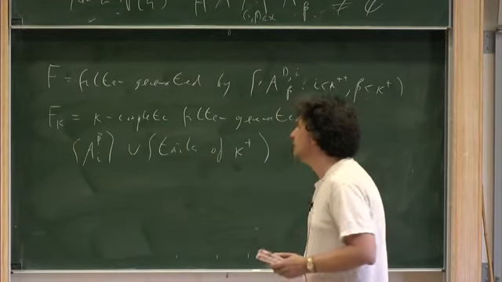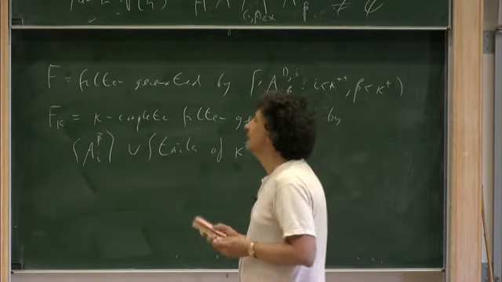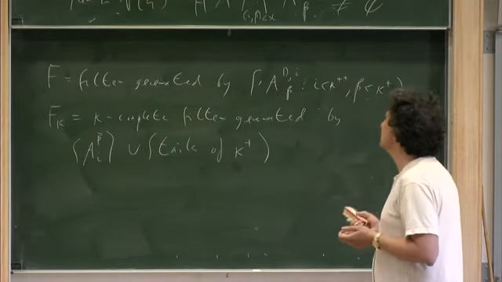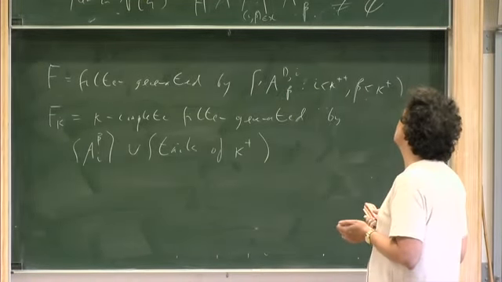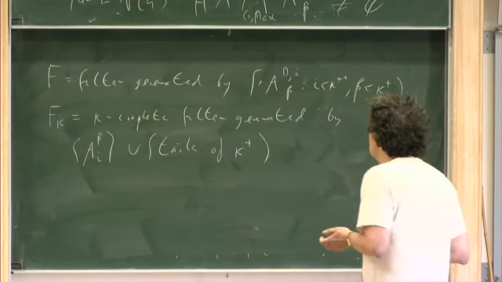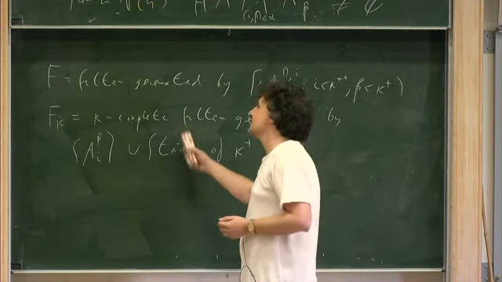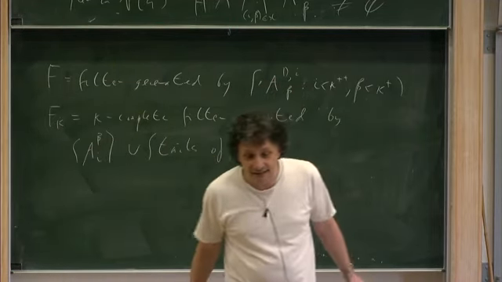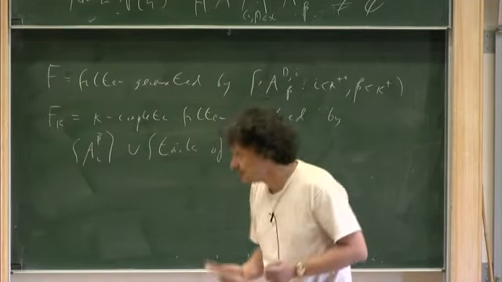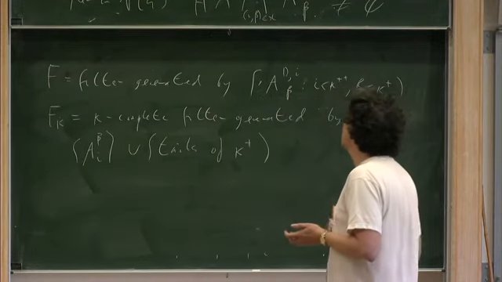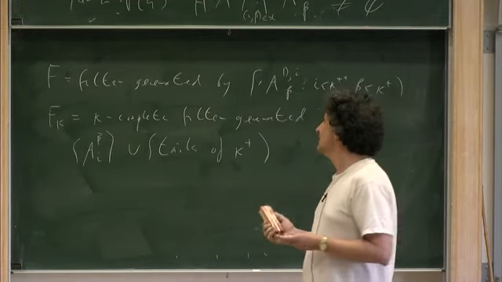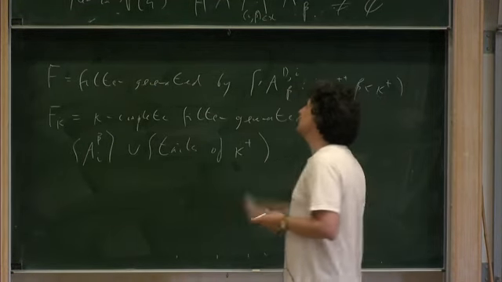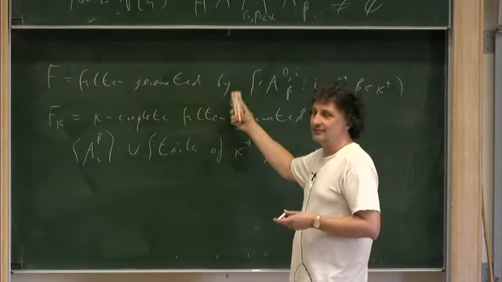And I should say, it's suddenly rather important that kappa is uncountable, because that means this filter is going to be countably complete. And countable completeness, in some combinatorics that I won't have time to talk about, is somehow played off against the finiteness of sets that are involved in generating this filter F.